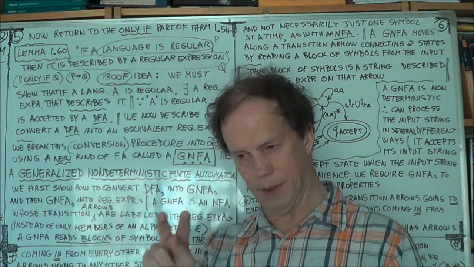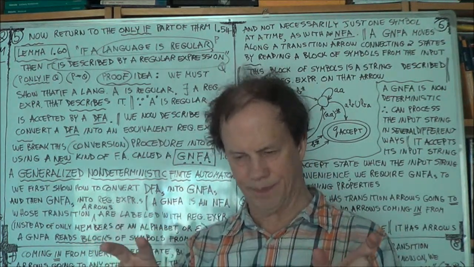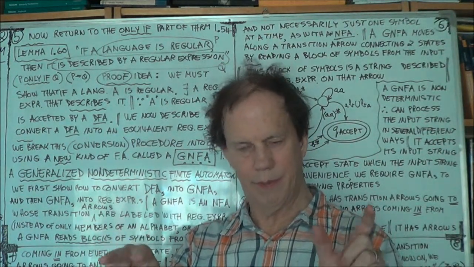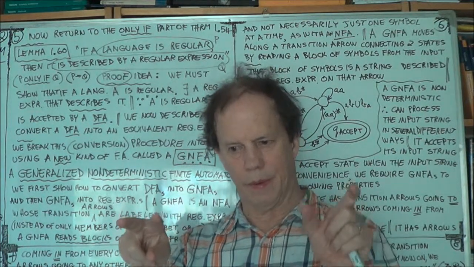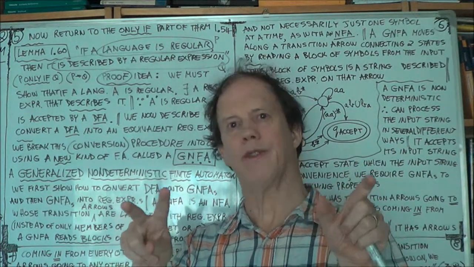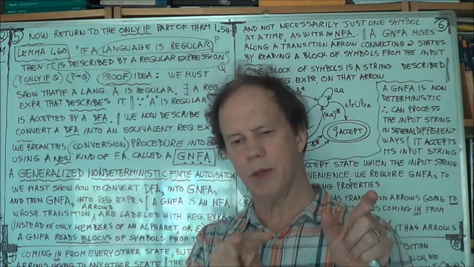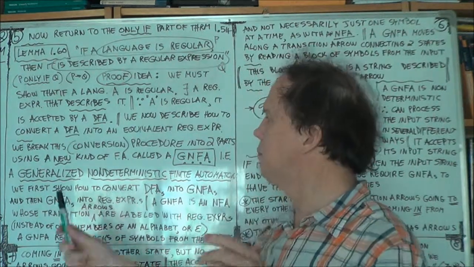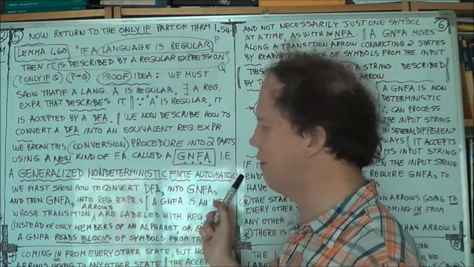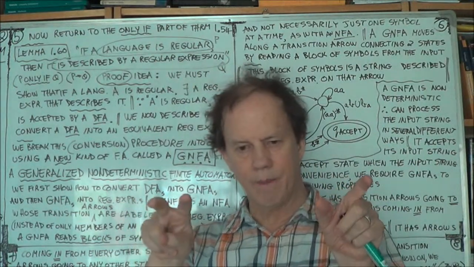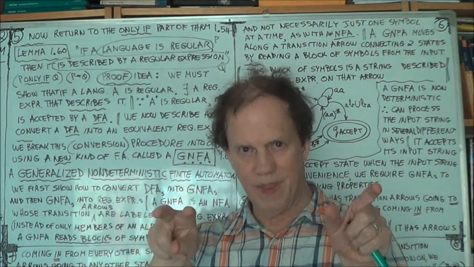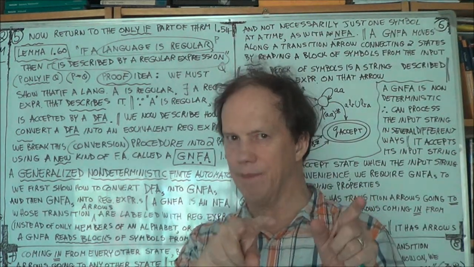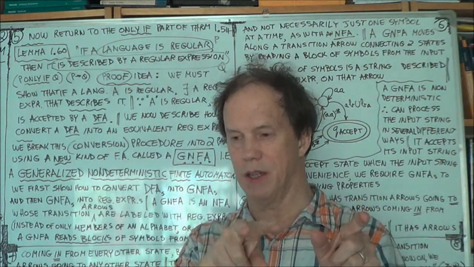And we do that in two steps. Think of the DFA as your starting step, and the regular expression as your final step, but we do it in two stages. So this is like the middle step, the generalized NFA, GNFA. You will convert your DFA into this middle step, a non-deterministic machine.